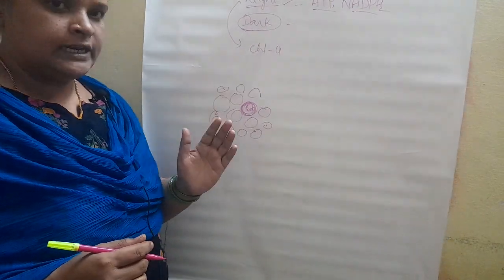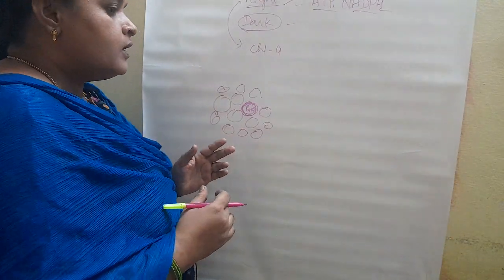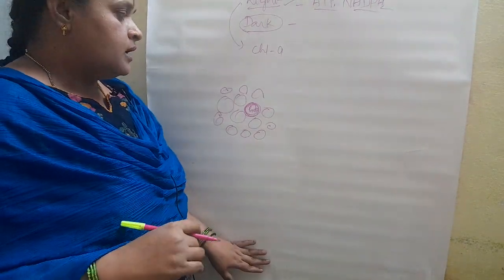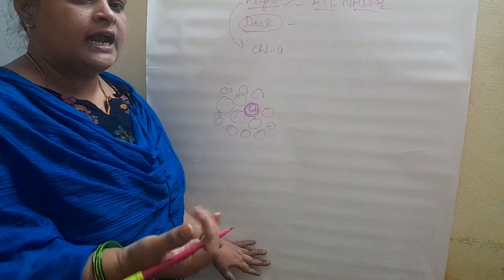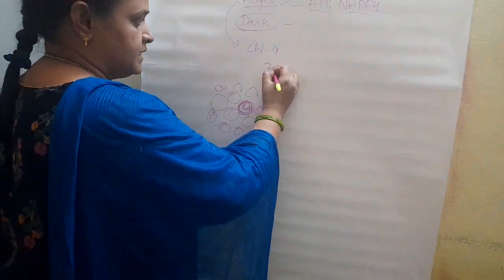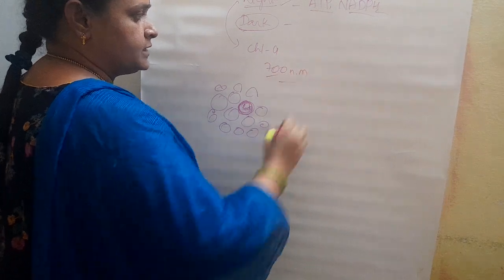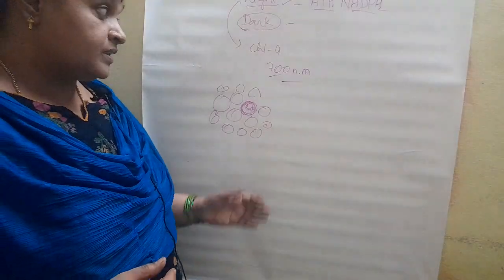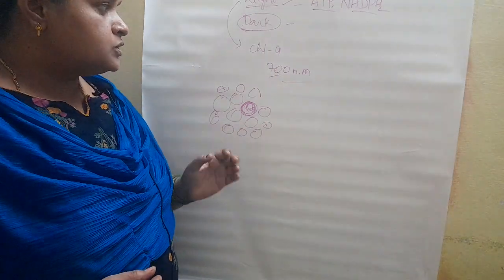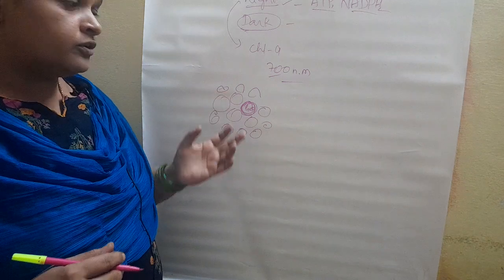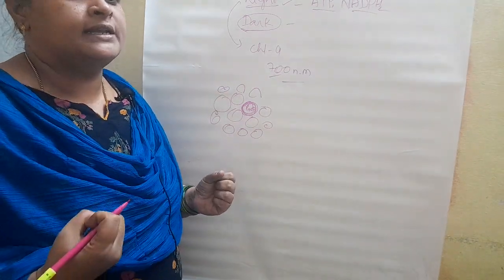That means chlorophyll A molecules usually have two types. They can absorb the light above P700 and below P700. What is 700? 700 is nothing but nanometers, which indicates the wavelength of light. At 700 nanometers the chlorophyll A molecule can trap the light energy.